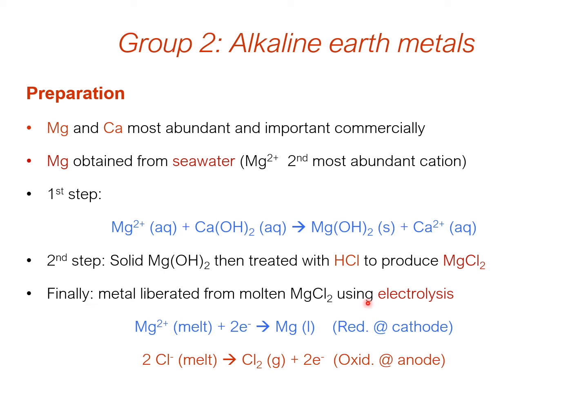And then finally, we use electrolysis like last time. We melt the magnesium chloride, put it in an electrolytic cell, and the metal gets reduced at the cathode to make liquefied metal, and the chloride again gets oxidized at the anode to produce chlorine gas, which then leaves the cell.